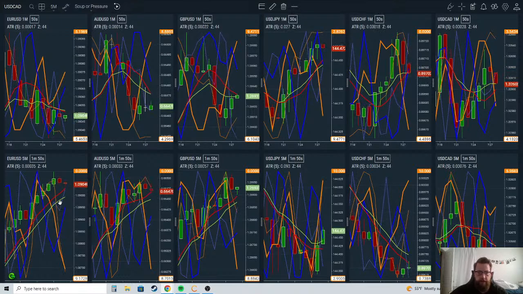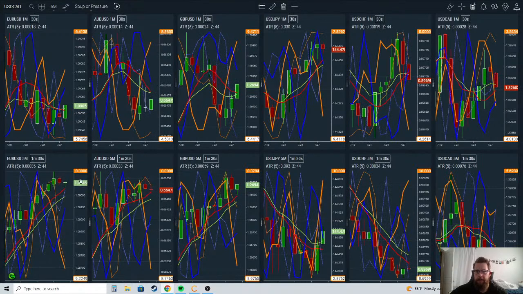That's a bearish signal as of now. Now it looks like, yeah, wow. Basically all of these except for the UCAD are all looking like they're at levels right now.